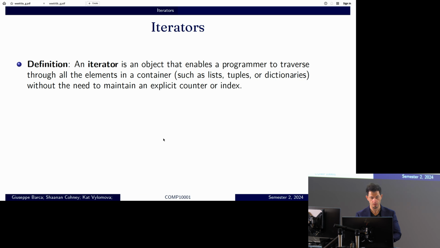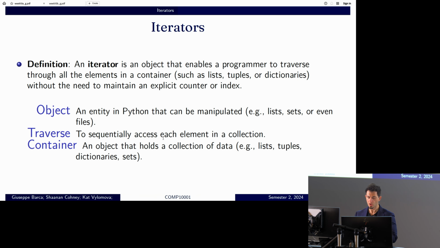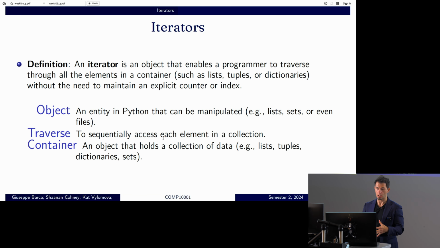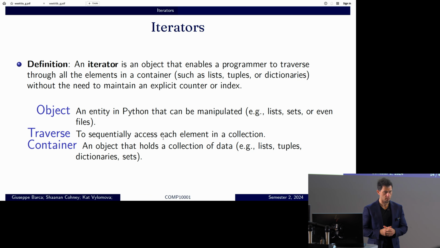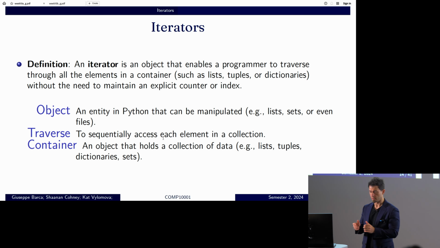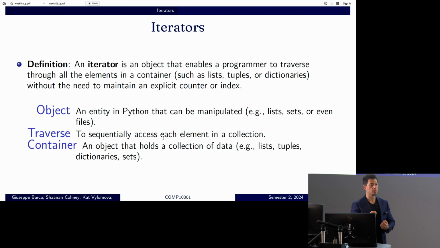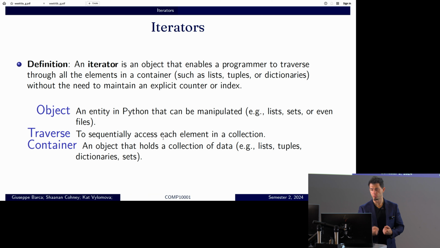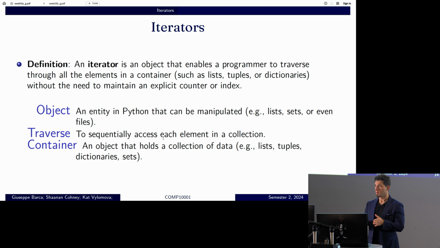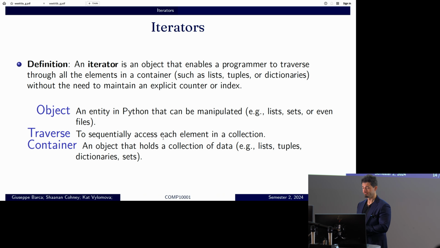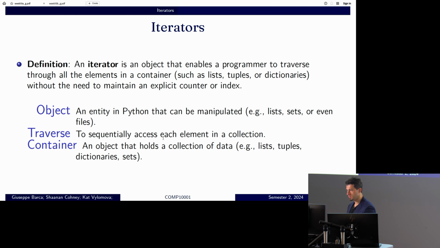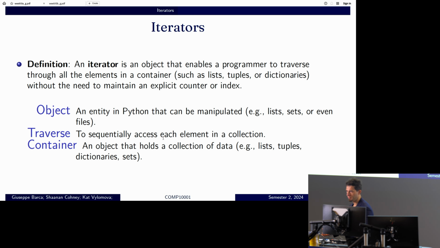There are three main concepts in this definition. There is the object, the idea that an iterator is an object, so I can assign it to a variable, manipulate it, and pass it to a function.